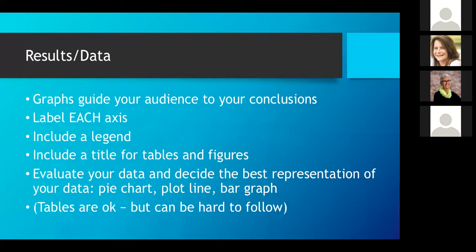That's where I think we need to help out as educators, to help them decide the best representation of the information that they're presenting. Tables are okay. Sometimes a busy table is hard to follow, and a reviewer will just glance over that in hopes of trying to see something else visual that will give them the information they're looking for. So if we do tables, we have to be careful on how they're presented.